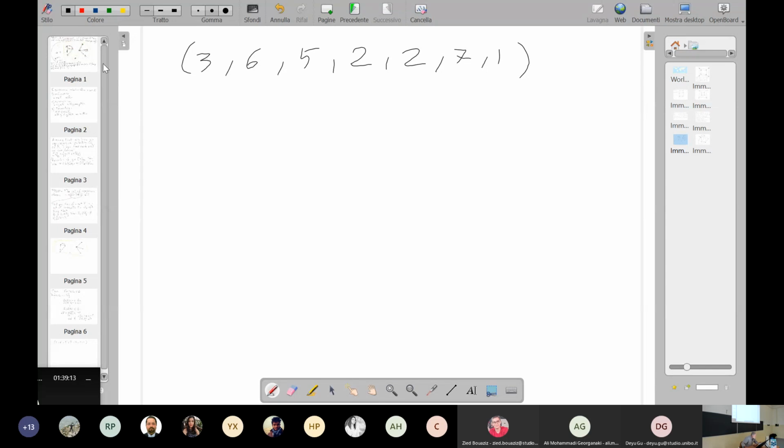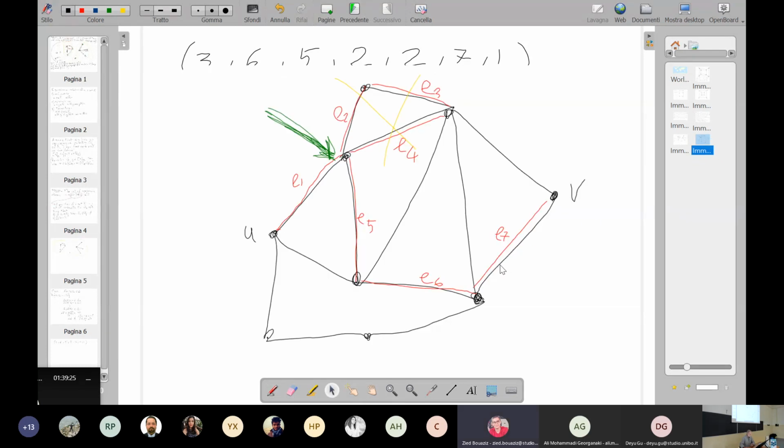I thought I copied it. Ah, here it is. My example was this, but this is an example, and I want you to formalize a general way of doing this.